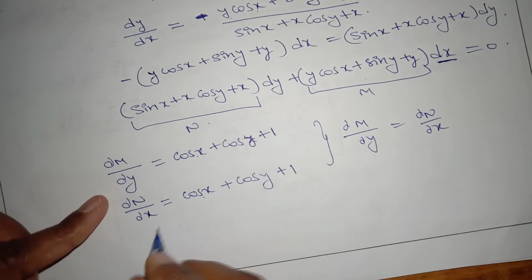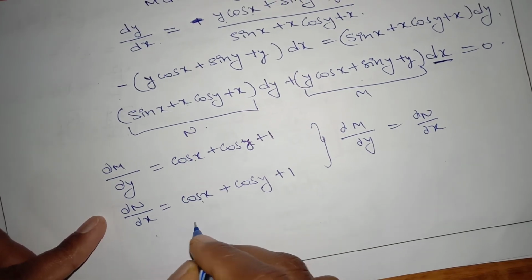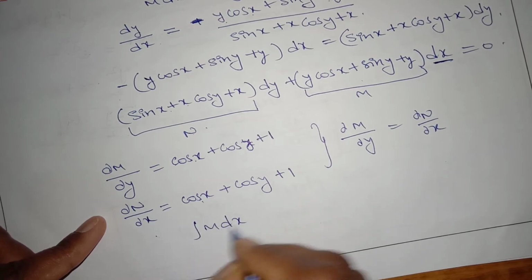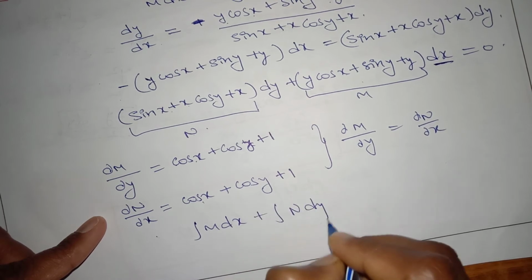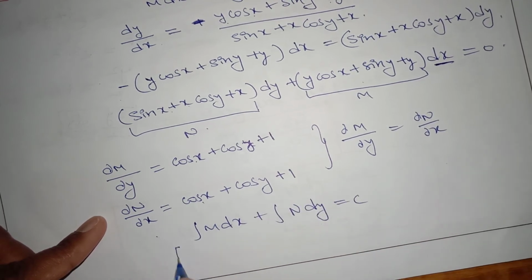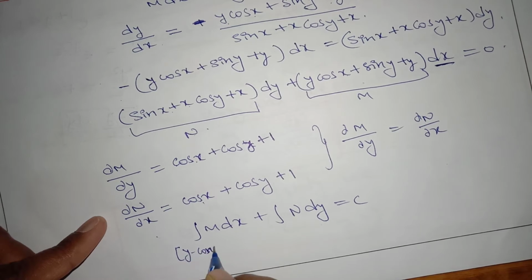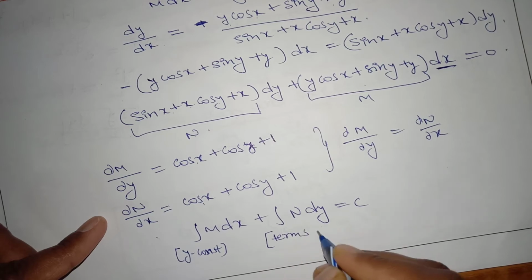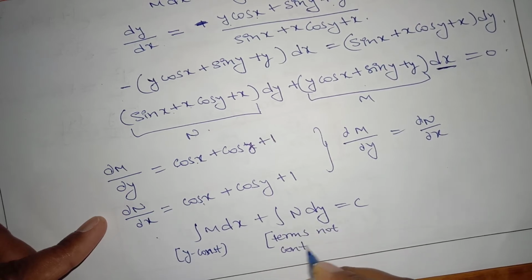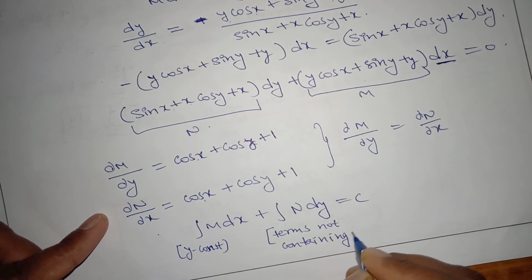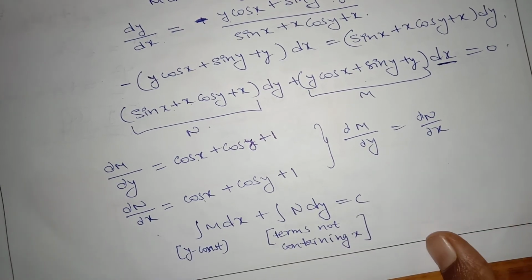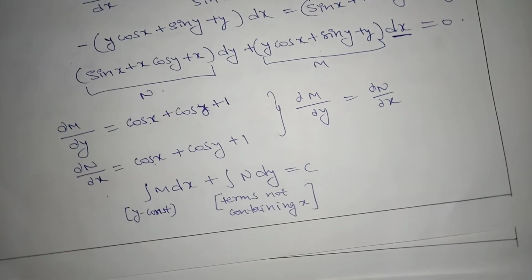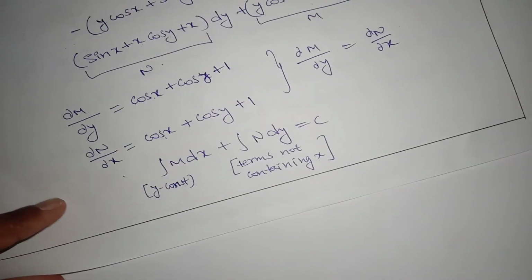Now the solution for an exact equation is integration of M dx plus integration of N dy equals c. Here y is constant, and here we take terms not containing x. We will solve for the solution of the given exact differential equation.